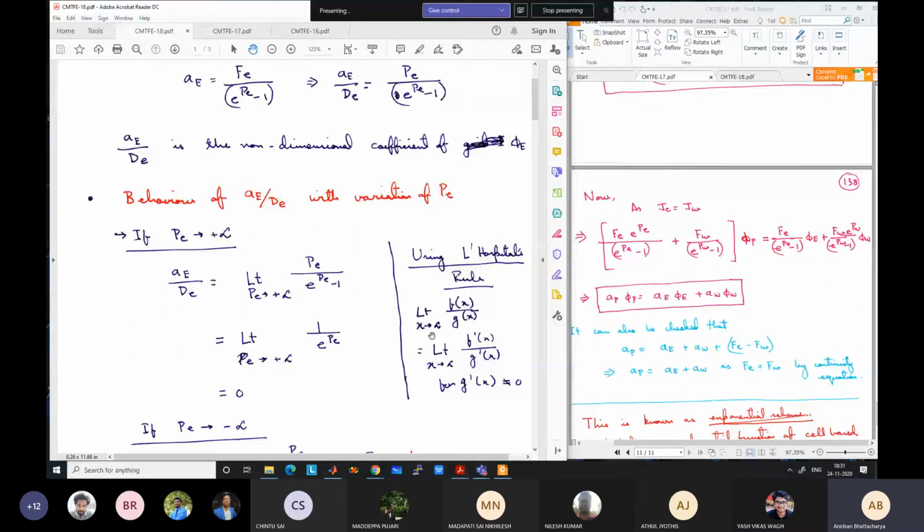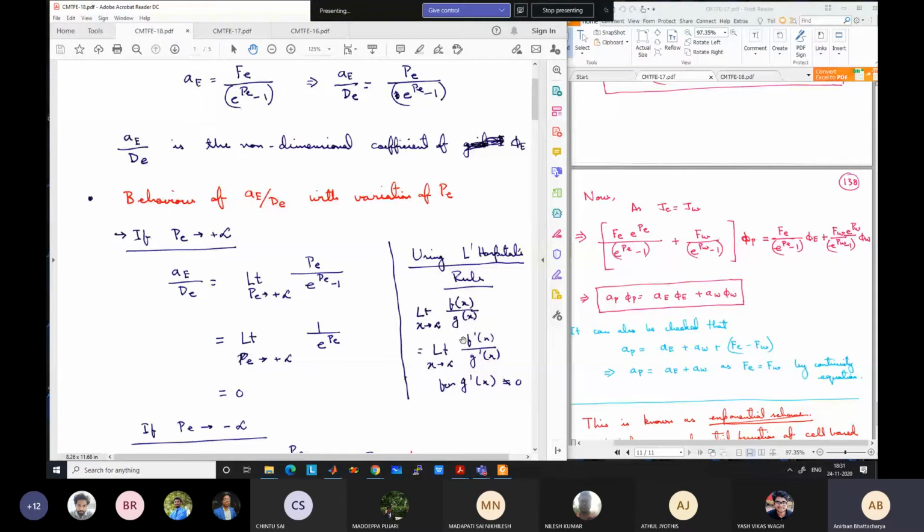At the limit, if x tends to infinity or minus infinity, any expression which can be written in the form f(x) by g(x) can also be calculated as the limit, x tends to infinity, of f dash x by g dash x.